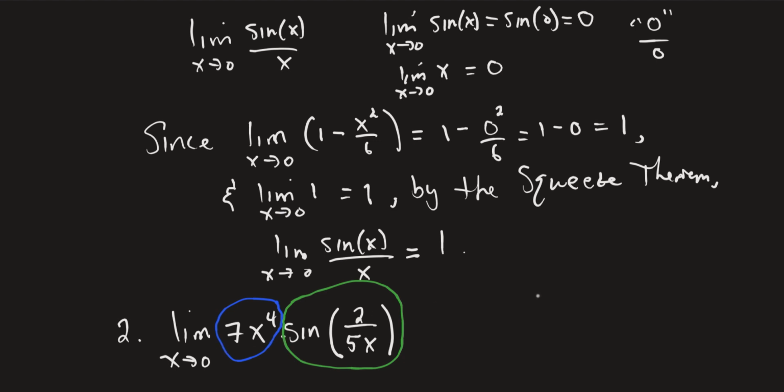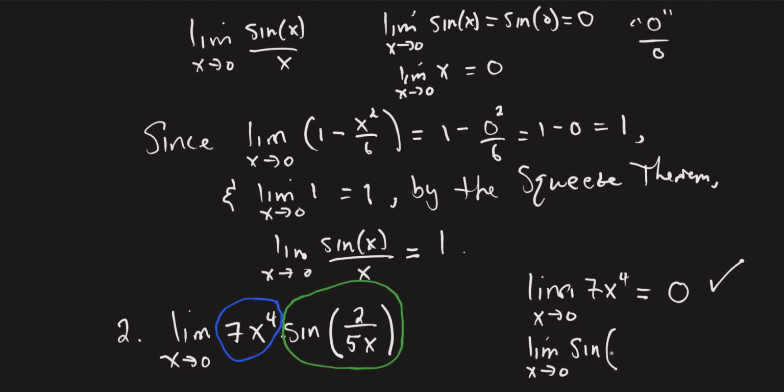The problem, though, is, again, let's look at these two factors. The limit as x approaches 0 of 7x to the 4th is 0, so that one exists. The problem is the other factor, the limit as x approaches 0 of the sine of 2 over 5x.